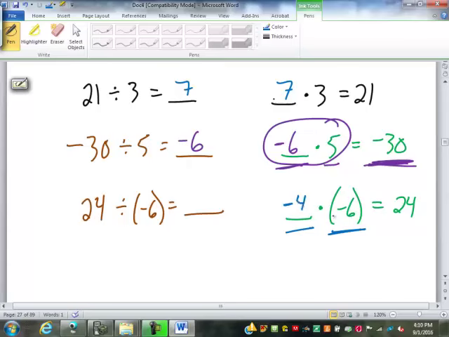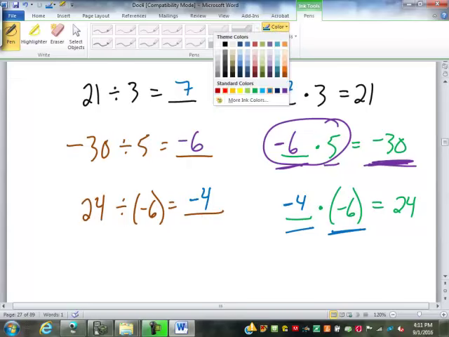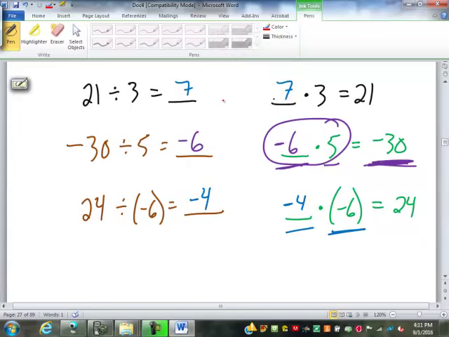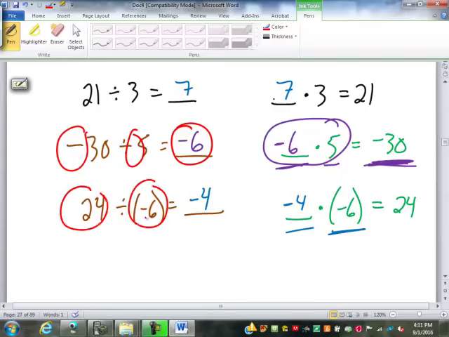So negative 4 times negative 6 is positive 24. That's a negative 4. What we've seen here so far is our pattern for multiplication is holding true. A negative divided by a positive, just like a negative times a positive, makes a negative result. Positive divided by a negative, just like a positive times a negative, makes a negative result.